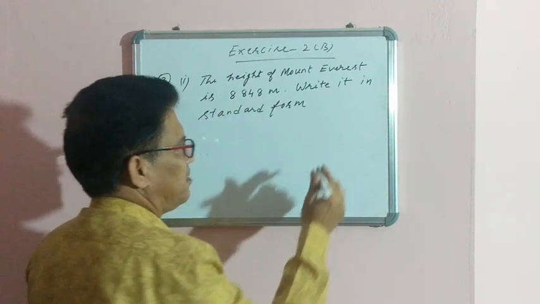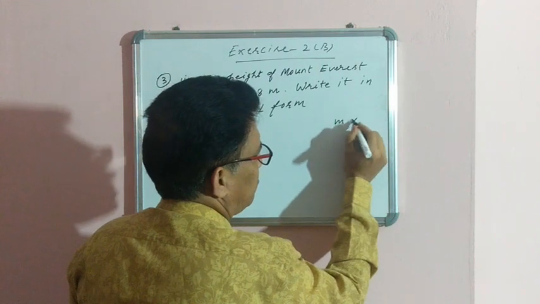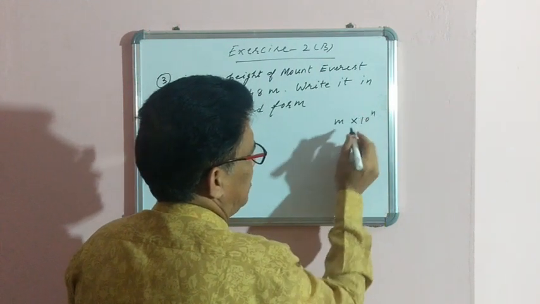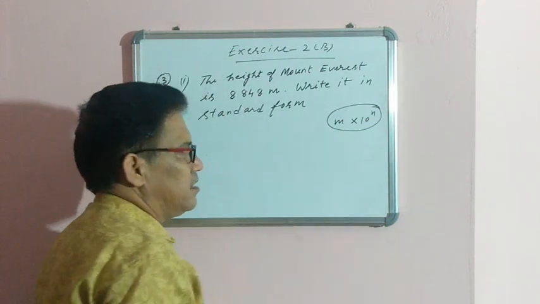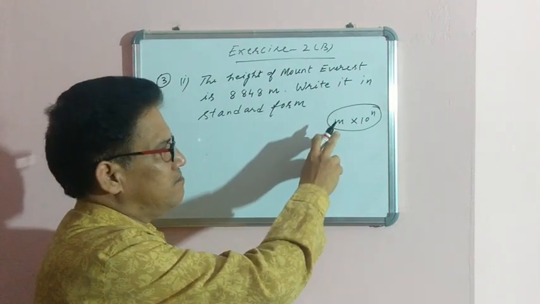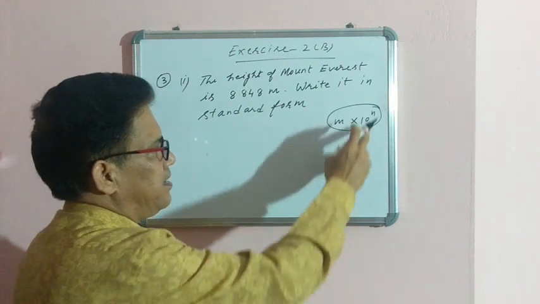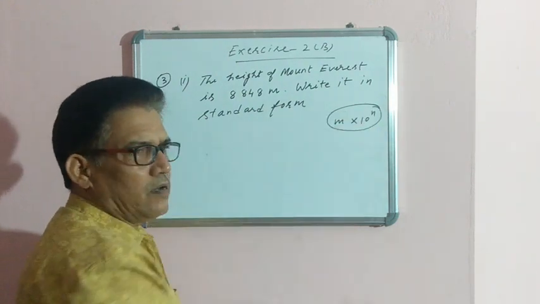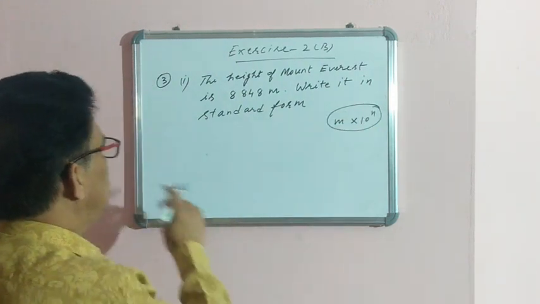We know standard form is of the form m into 10 power n, where the value of m is greater than or equal to 1 and less than 10, and n can be any positive or negative integer.